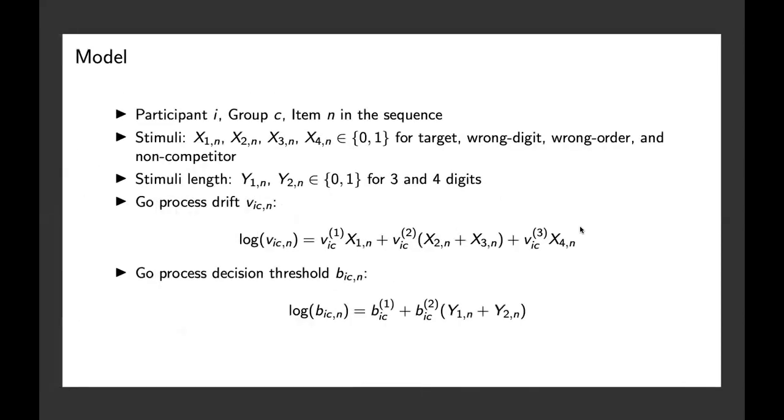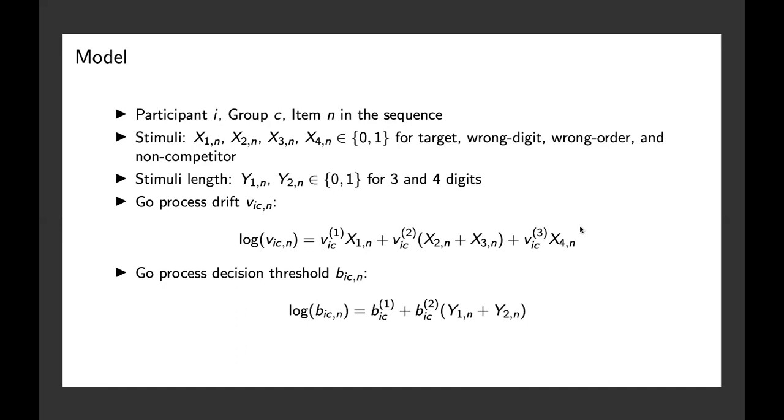We used a hierarchical Bayesian model that is able to model multiple groups where each group consists of multiple participants. For participant i in group c and item n in the sequence, we consider the influence of multiple covariates, the different parameters of the race, including stimuli type and stimuli length.